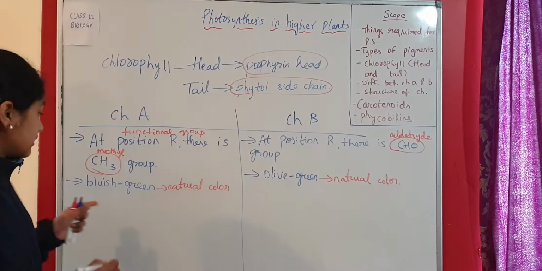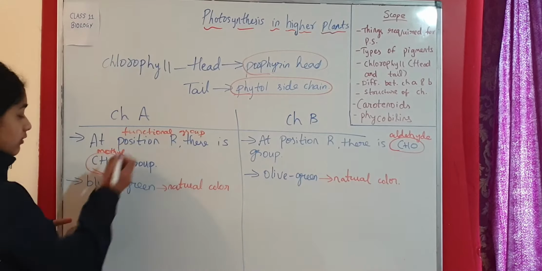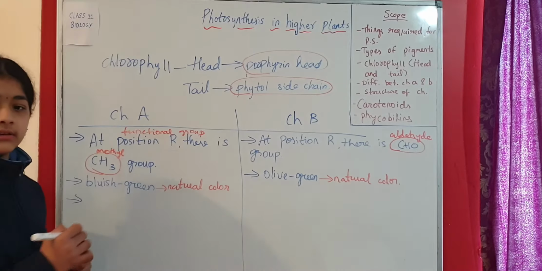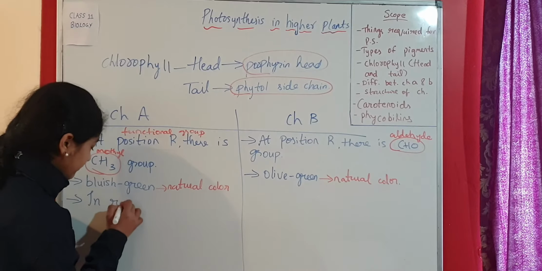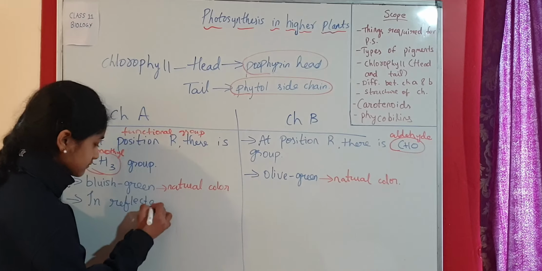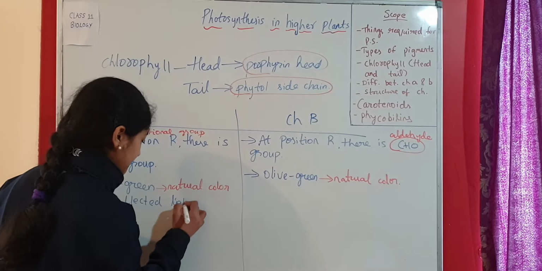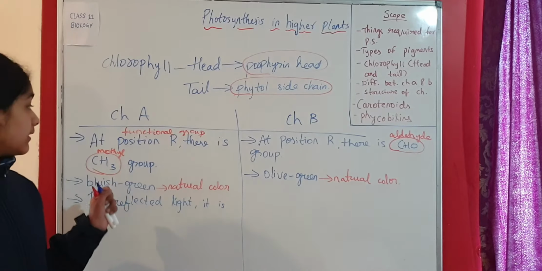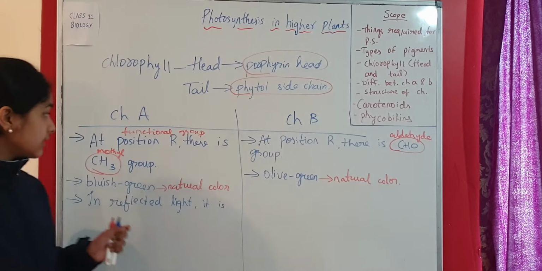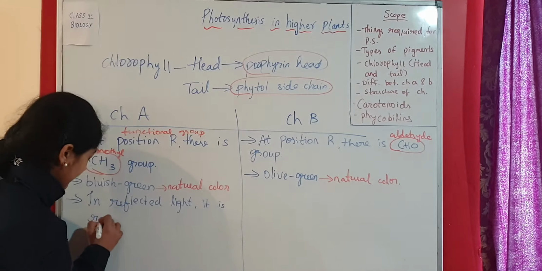Coming to the color of chlorophyll A when it is in reflected light. In reflected light, chlorophyll A is usually red in color.